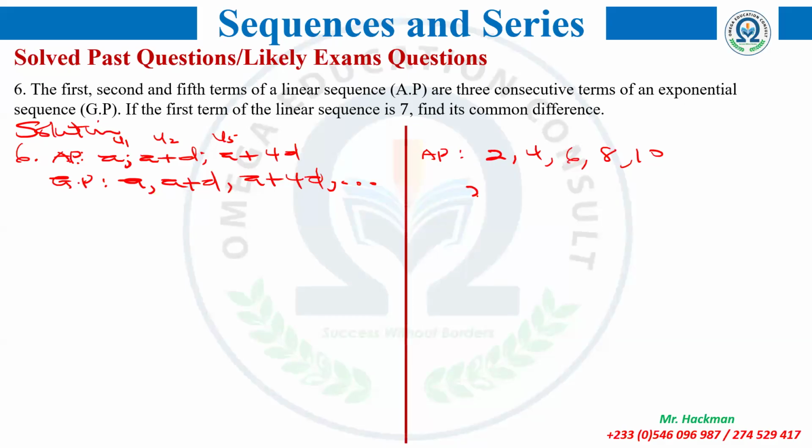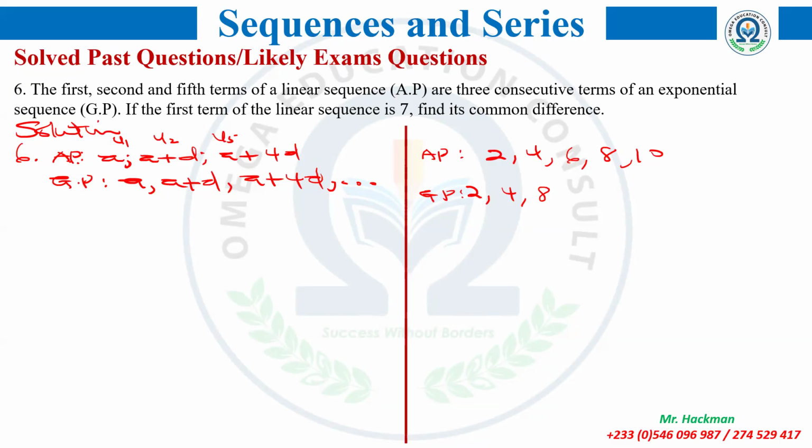So I can pick 2, 4, 8, out of the terms here. Don't I have a GP? You get my point?